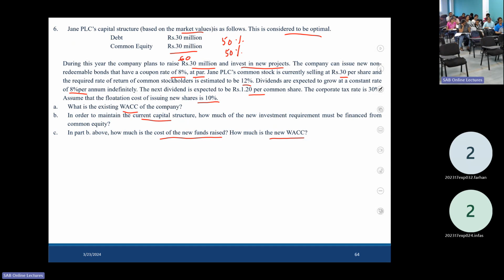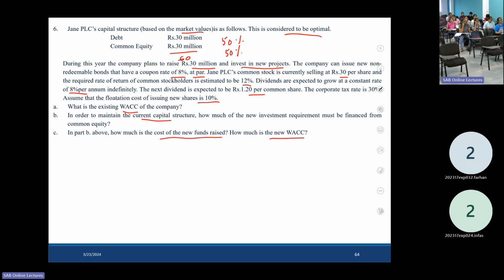It said if you are issuing new unredeemable bonds today, you can issue at a coupon rate of 8% at par. I mean at the 1,000, at a coupon rate of 8%. So this 8% is representing what?